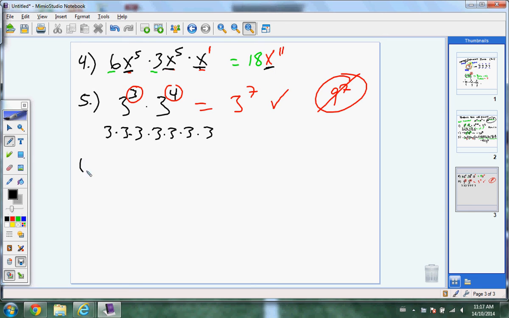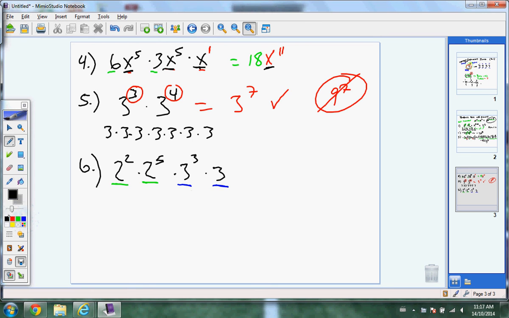Okay, and our last example here for this quick video, I have 2 squared times 2 to the 5th times 3 cubed times 3. Okay, so here they mixed it up a little bit. They gave you two different sets of numbers with same bases. I have 2's, I have 3's.